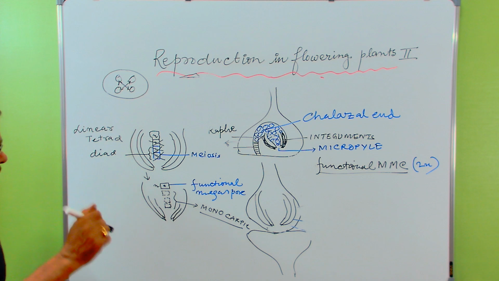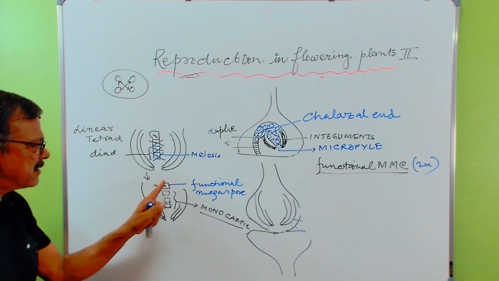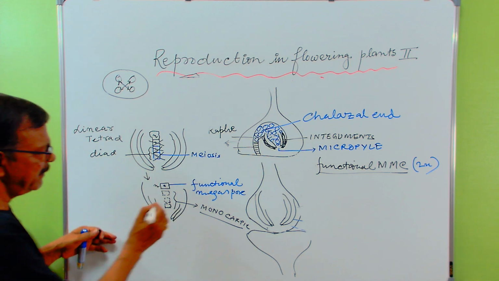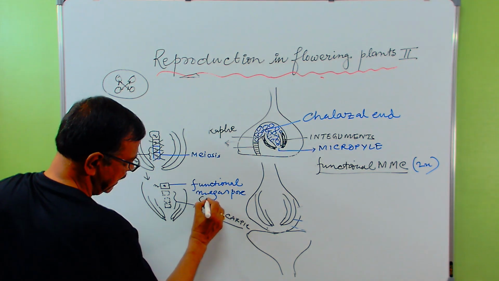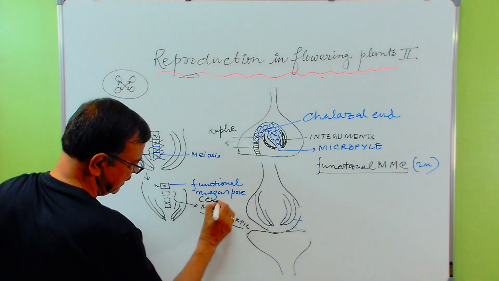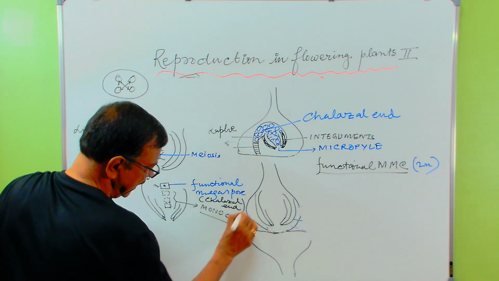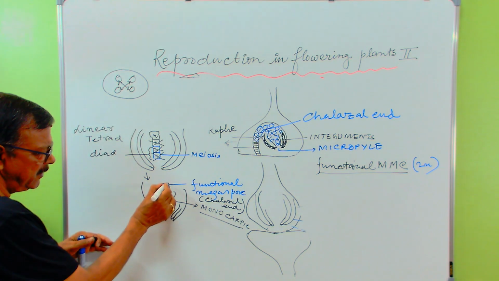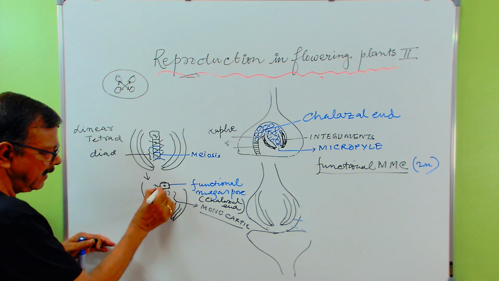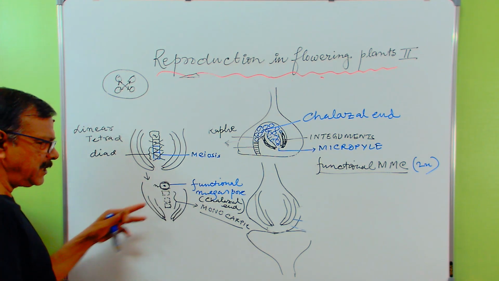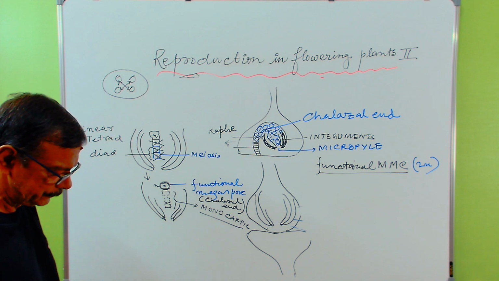You should be more specific in writing this, that in the functional megaspore, within bracket I am writing, you should write chalazal end. So at the chalazal end, this survives. This will undergo processing.